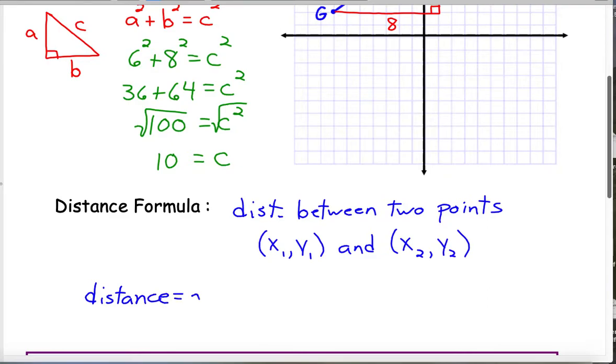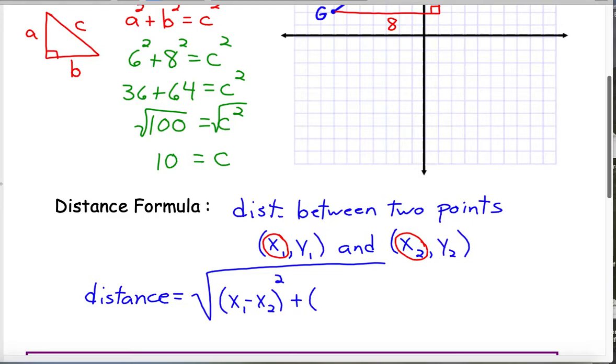it's going to equal the square root, gigantic square root, and then we're going to subtract the x numbers. So that would be the x coordinates of our 2 points. So we're going to subtract those, and it doesn't matter the order. So I'll say x sub 1 minus x sub 2, close the parenthesis and square it, plus, and then we're going to do the same thing with the y coordinates.